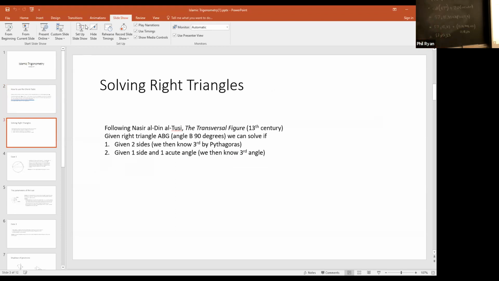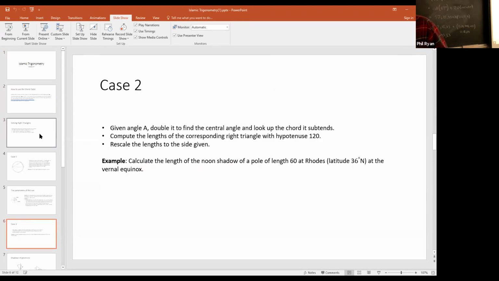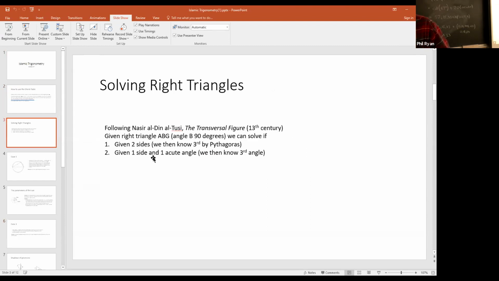Okay. So the main thing it was used for, the table of chords, was for solving right triangles. Why is it ignoring me? Okay, so the thing was, the Islamic mathematicians had access both to Ptolemy and the Indian mathematicians.